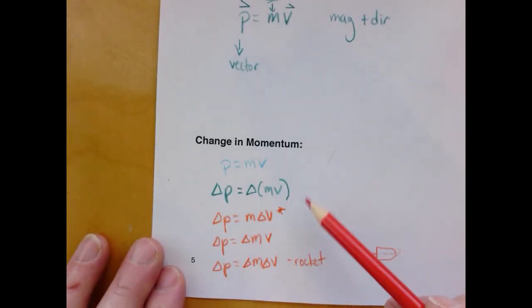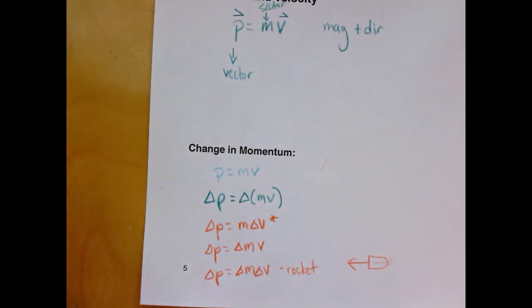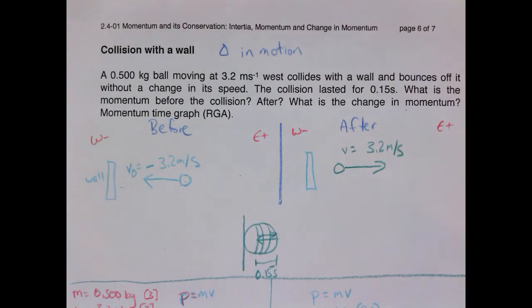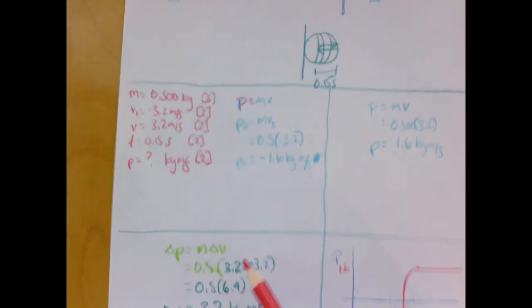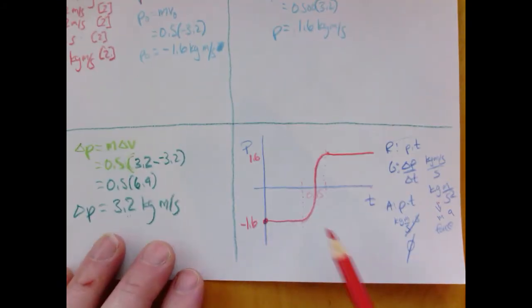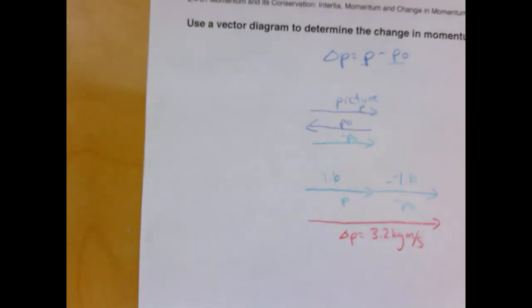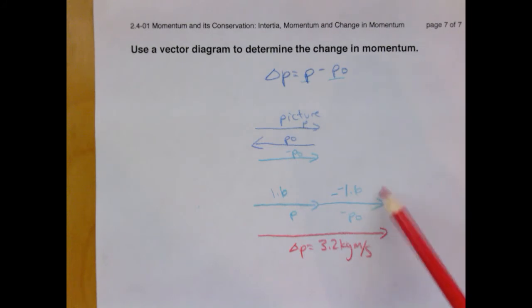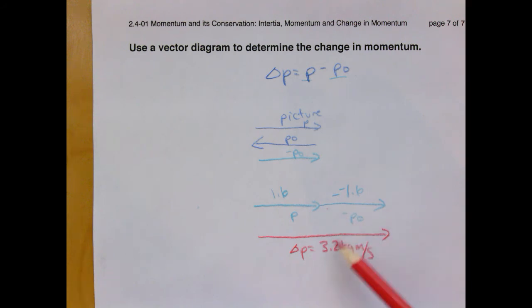We saw multiple ways to bring about a change in momentum by changing mass or velocity or combinations. We studied a collision with a wall, exploring the momentum, the change in momentum, multiple ways to calculate it, and an in-depth analysis of a momentum time graph. Lastly, we studied that example using vector diagrams, starting with the algebra and then constructing the vectors to produce the resultant.